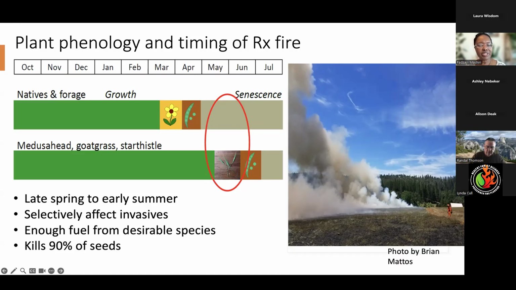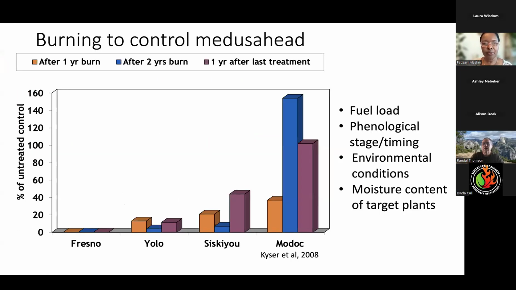So this would selectively impact the invasive species and use the dried fuel from the more desirable species to create enough heat to burn the weeds.